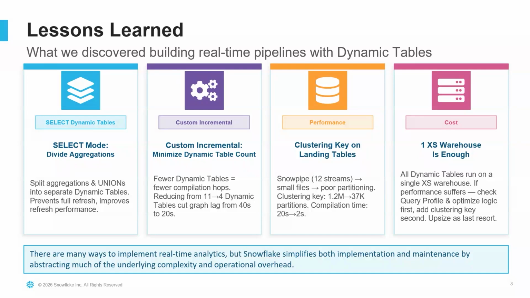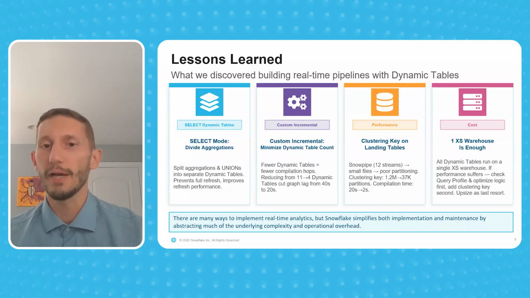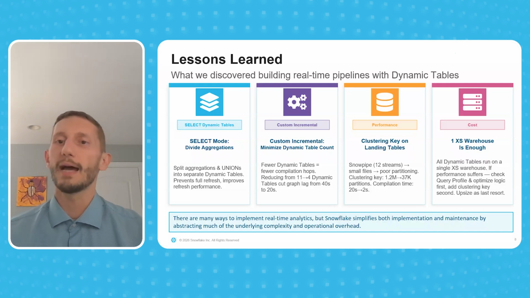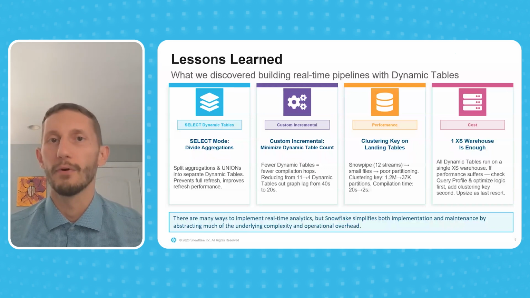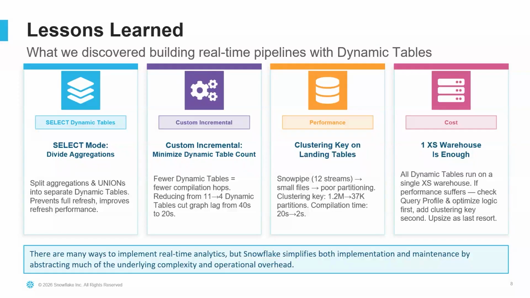We had really poor partitioning, and technical support recommended we assign clustering keys to this landing table, and the amount of micro-partitions dropped from 1.2 million to just 37,000 partitions, and compilation time dropped from 20 seconds to just 2. And our main insight is that just one extra small warehouse is more than enough for our workflow. And we have a few more use cases, and all of them run on the same extra small warehouse.